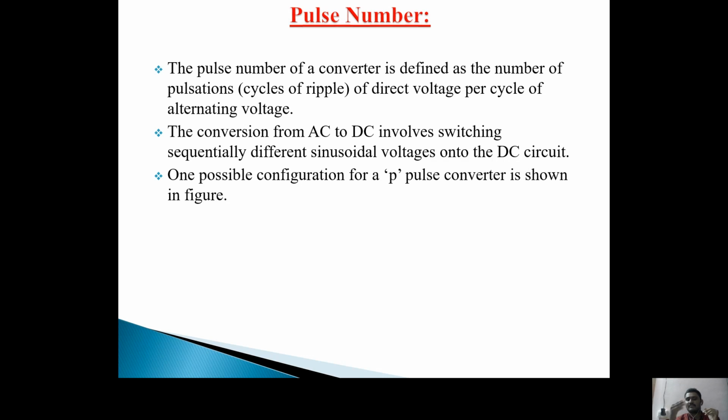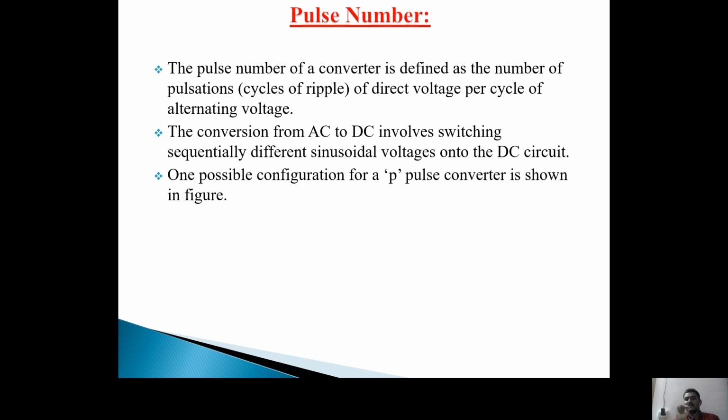First, I have to tell about the pulse number. What is meant by pulse number? The pulse number of a converter is defined as the number of pulsations, that is cycles of ripple, of direct voltage per cycle of alternating voltage.